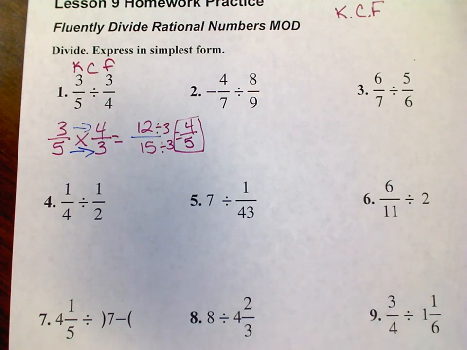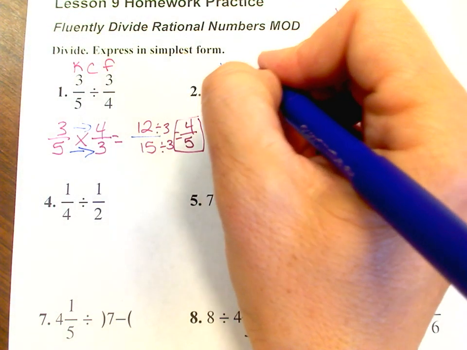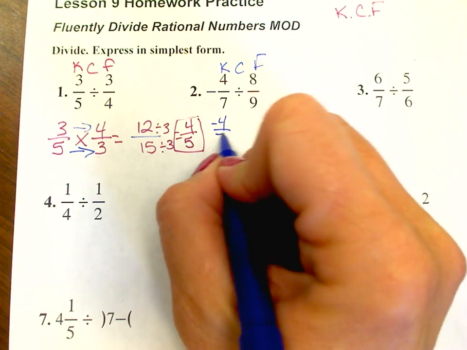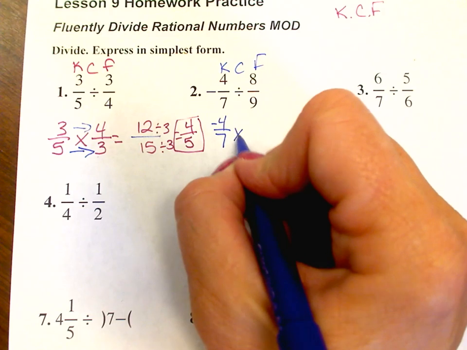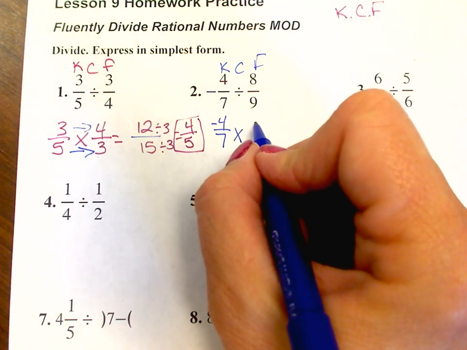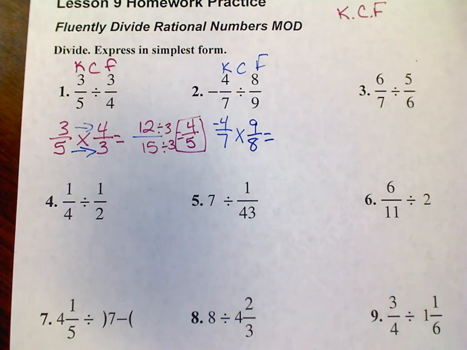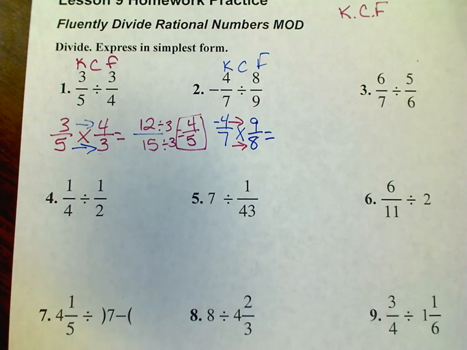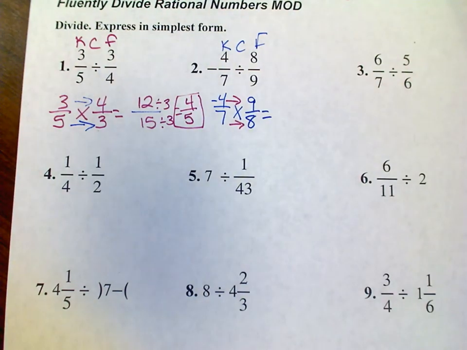Let's look at number 2. Keep, change, flip. -4/7. Leave the first fraction alone, change your sign, flip to the reciprocal, which will be 9/8. Multiply straight across. Now, I also showed you a shortcut in class to see if anything would reduce.